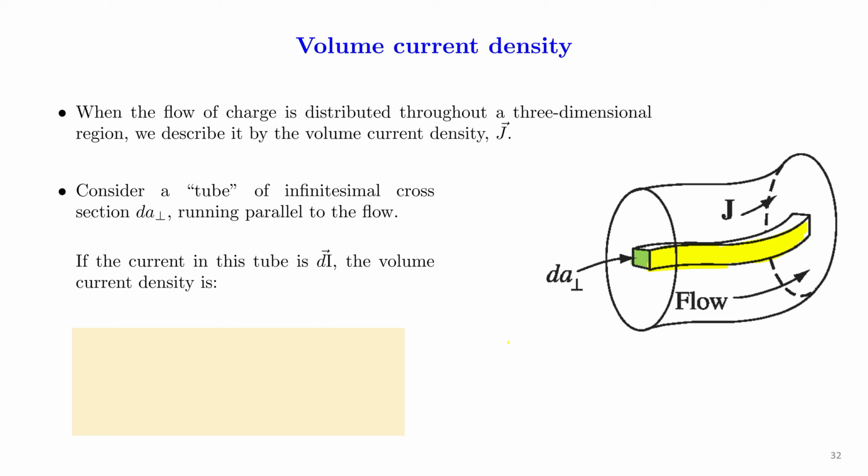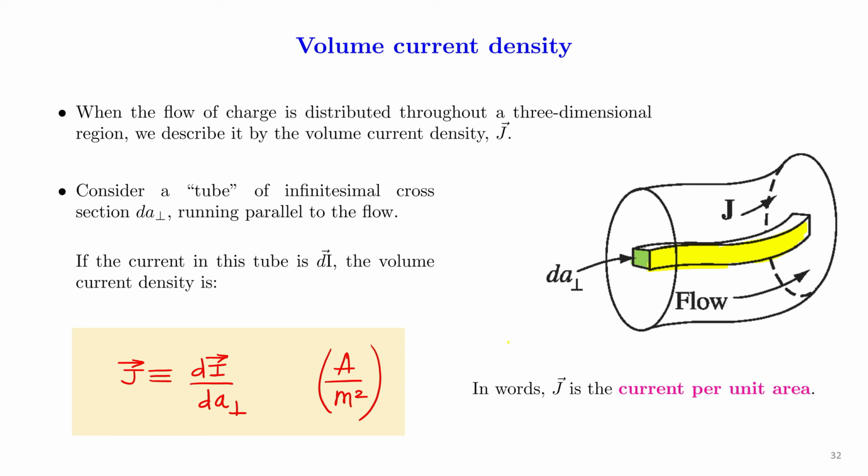If the current in this tube is di, we define the volume current density as J equal to di over dA perpendicular, and the unit is ampere per meter square.